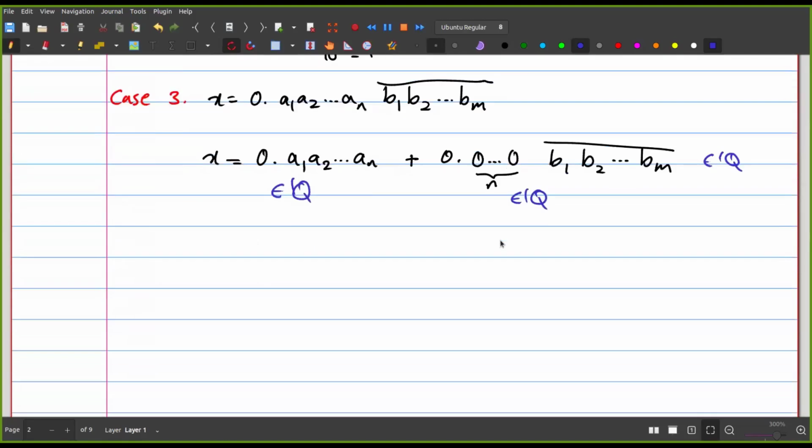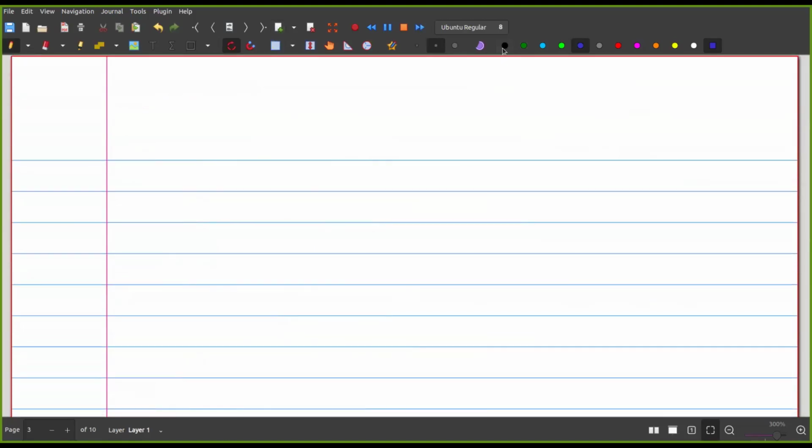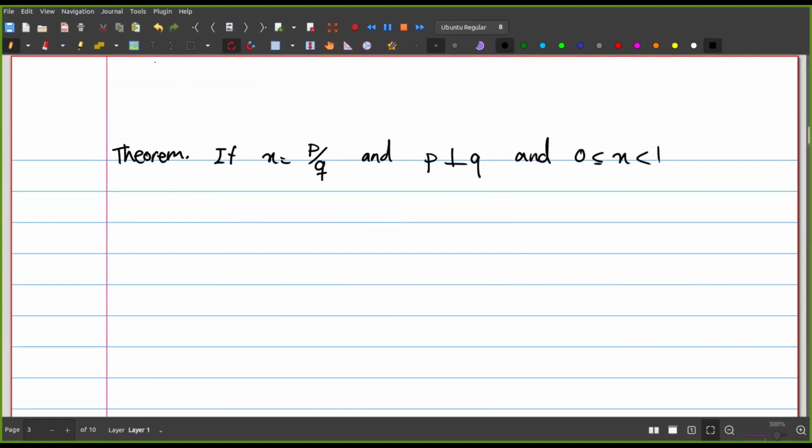But now I want to show the opposite. I want to say that if I have a rational number, then it has this kind of representation. So let's say if x equals p over q, and let's say p and q are relatively prime, and let's say that my x is between 0 and 1. Actually, I don't need the case of 0 itself. And you can easily, again, extend this to all rational numbers.